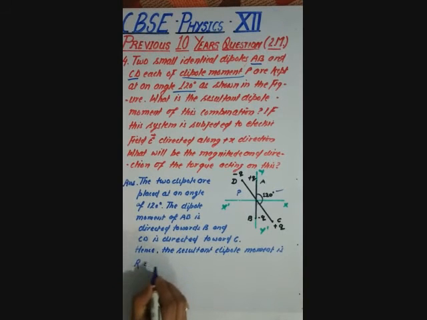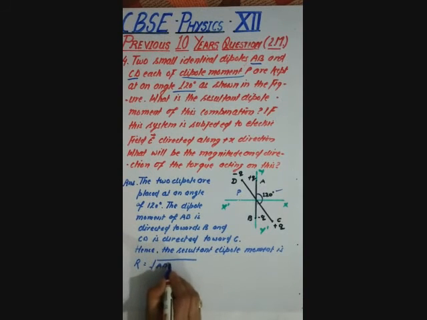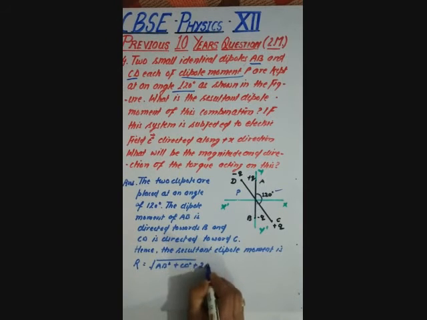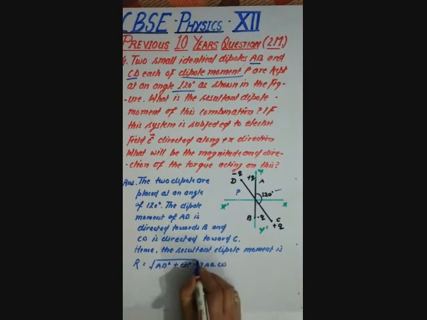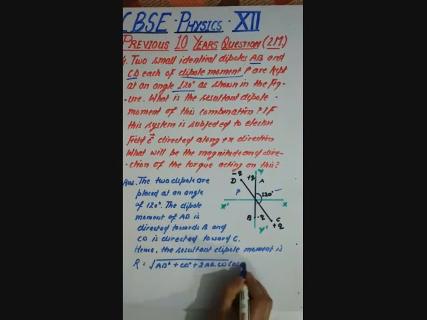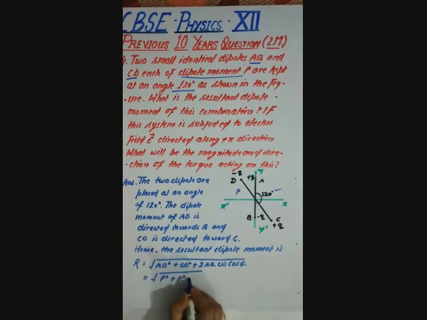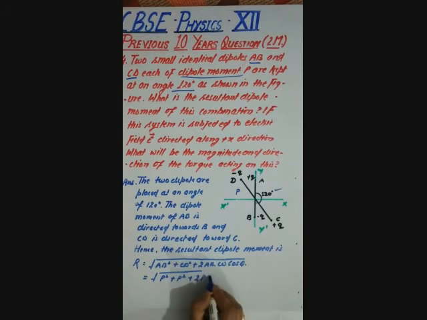Resultant R equals under root of AB square plus CD square plus 2 AB CD cos theta, or we can write it as under root P square plus P square plus 2 P square cos theta. Theta will be 120 degree.